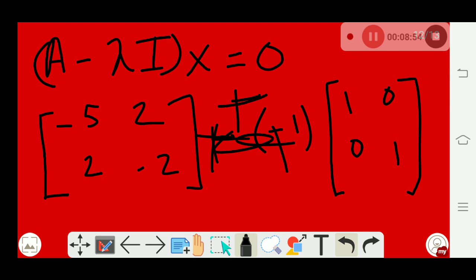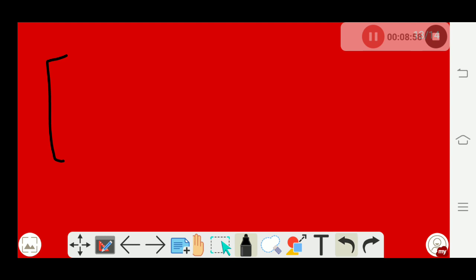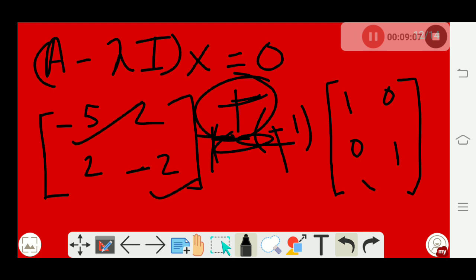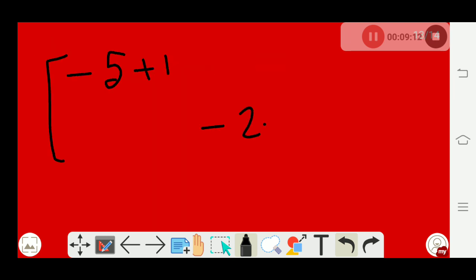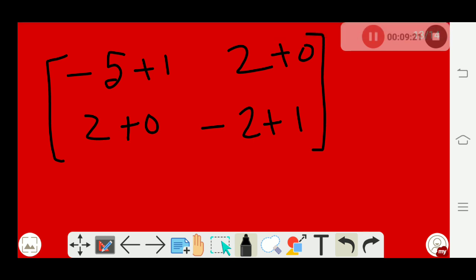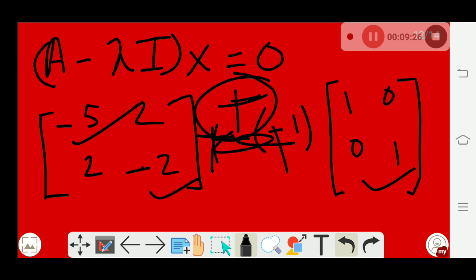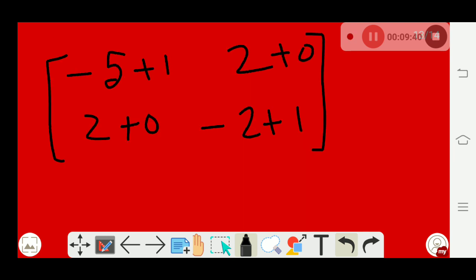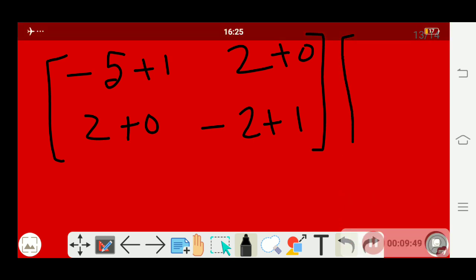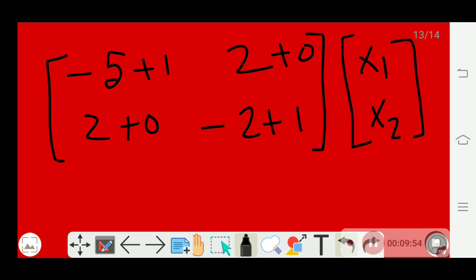So -5 plus 1, -2 plus 1, and the rest are 2 plus 0 and 2 plus 0, and we have x, which is x1 and x2. For a 2-dimensional case we are going to have 2 eigenvectors. For a 3-dimensional case we are going to have 3 eigenvectors. This is x1, x2 and this equals 0. This is nothing but this representation in matrix form.